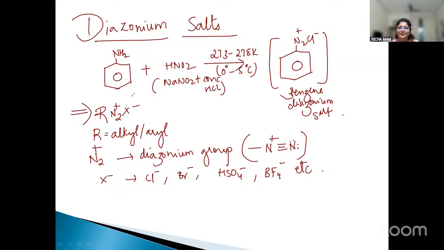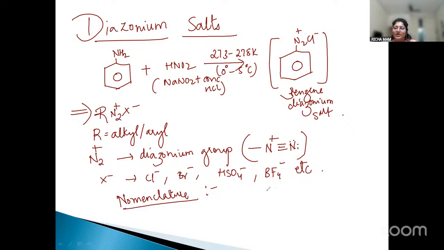Is it clear? Next, we are going to see the nomenclature, how to name the diazonium salt. These salts are named by putting the suffix diazonium to the parent hydrocarbon.